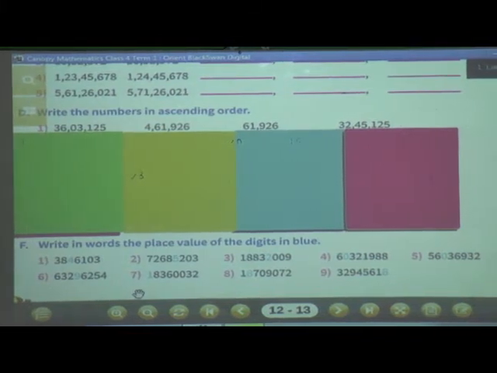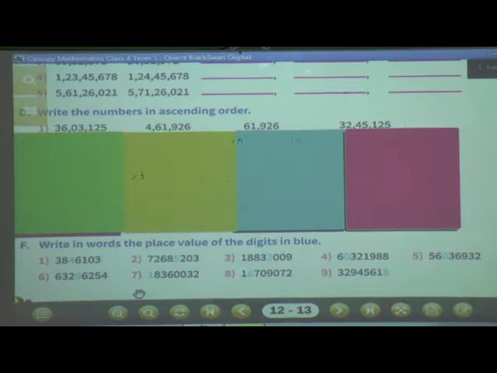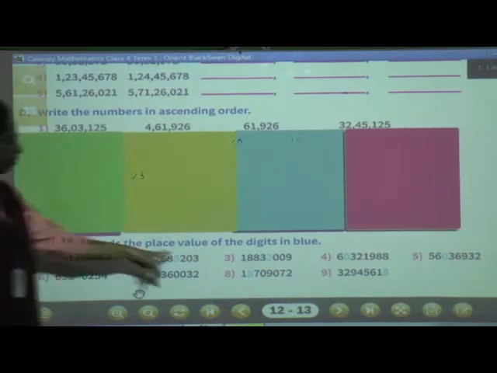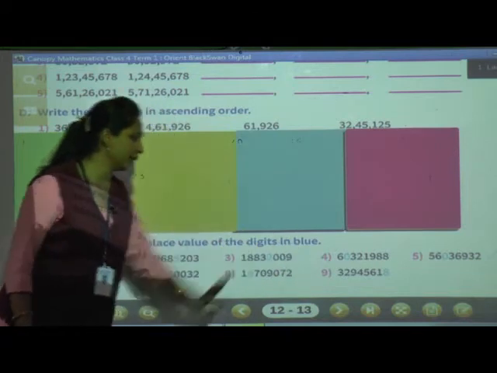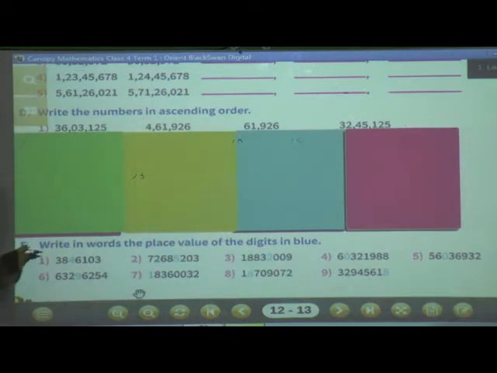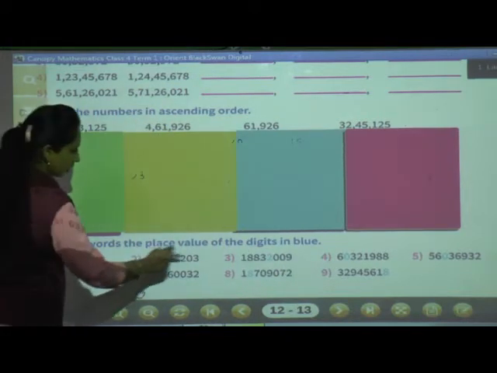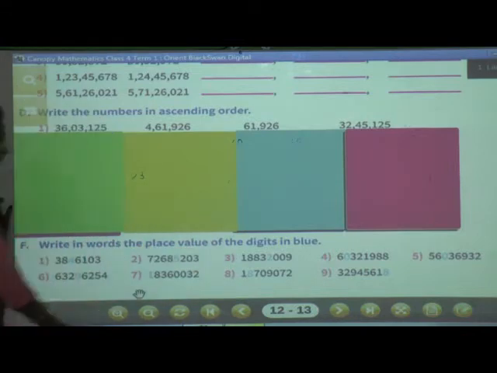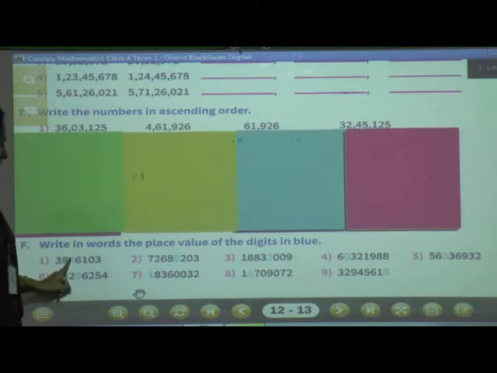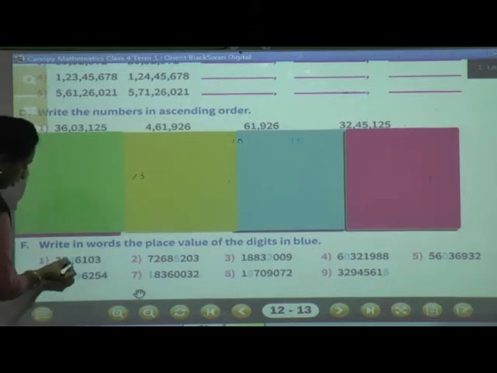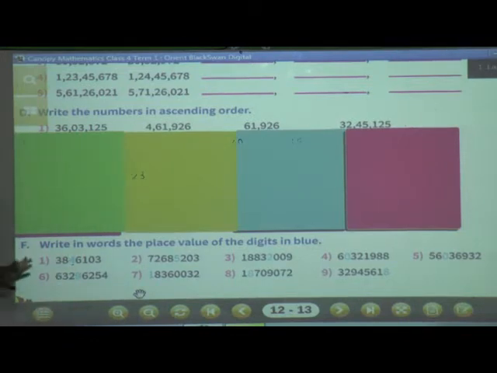Write in words the place value of the digits in blue. They are given numbers. In that they are given one digit in blue color. What we have to do? We have to write the place value of the given number.